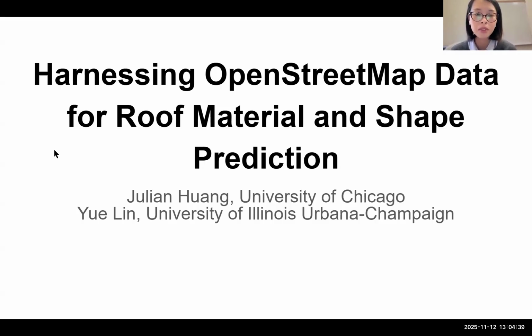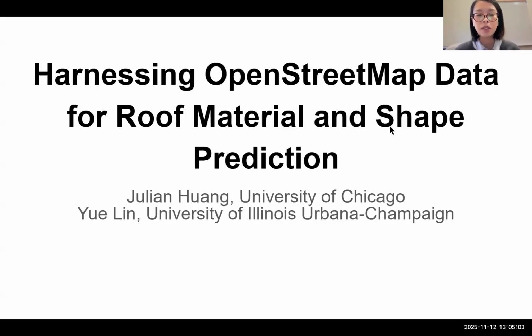So last December we saw this call for abstracts from I-GUIDE and it was for a spatial AI challenge. And Julian came up with the idea of using open data for roof material detection, and then we put up an abstract and submitted it to this challenge.